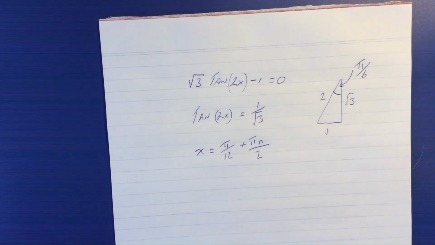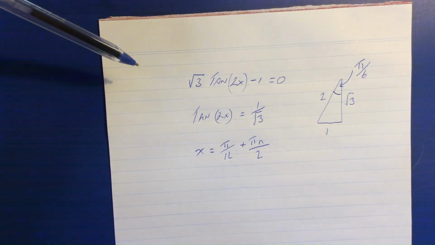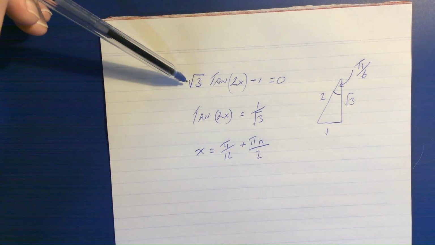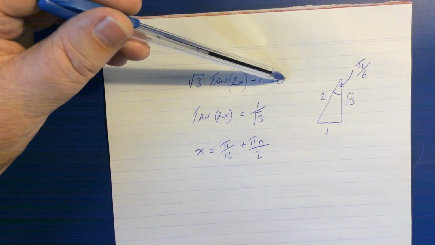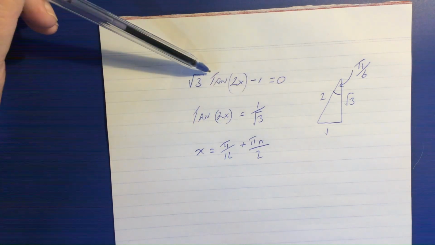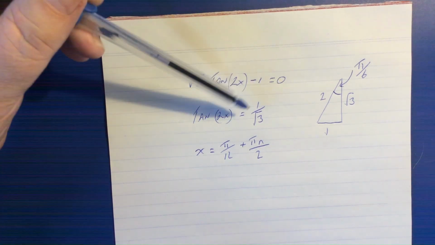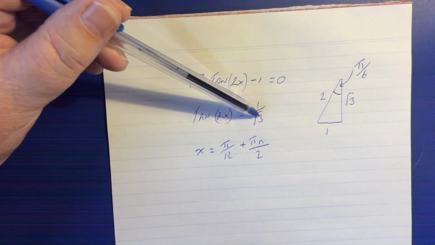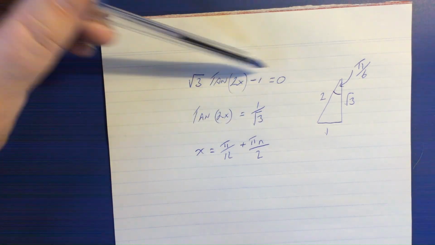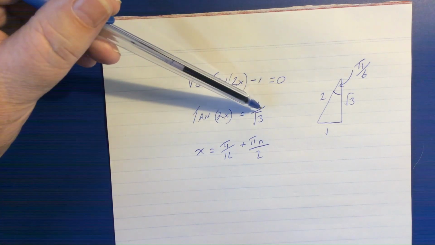Now I'll just talk you through the second part of the solution. We're trying to solve root 3 tan 2x minus 1 equals 0. We're trying to find a general solution for this. We can rewrite this as tan 2x equals 1 on root 3, simply by a little bit of algebraic manipulation.